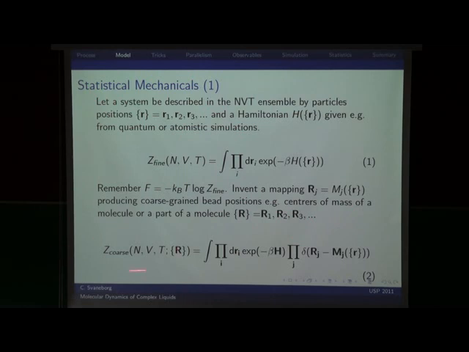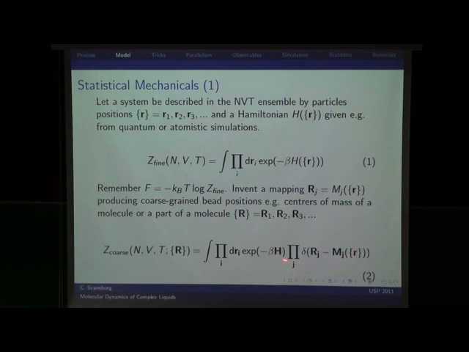Then we can define a restricted partition function, a coarse-grained partition function, which is a function of the number of particles, volume, and temperature, but also a function of these coarse-grained coordinates. It is given by essentially the integral of the fine-grained representation, but now we have to add a delta function, making sure that the coarse-grained bead positions are in agreement.